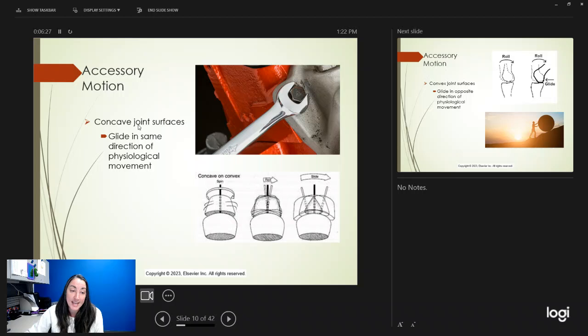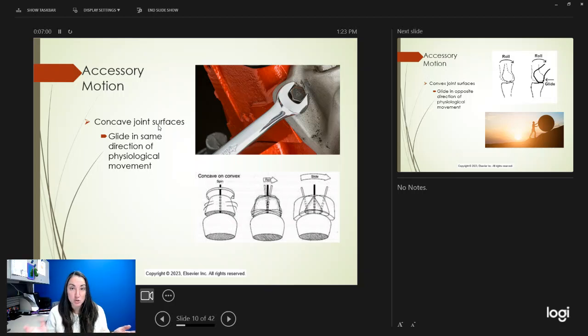With concave surfaces, that is like a wrench. So in the example, the wrench is the concave surface and it's moving on the screw or the convex surface. So if this was the bone that I'm moving and it's moving on the convex, so the concave is moving, then all three, the physiological movement or long bone movement, the roll, and the glide are all in the same direction.